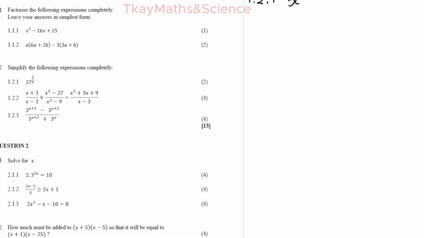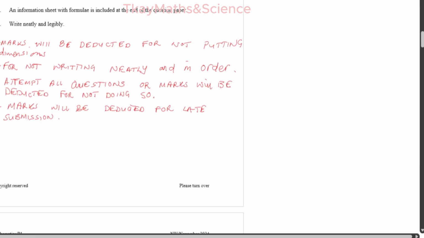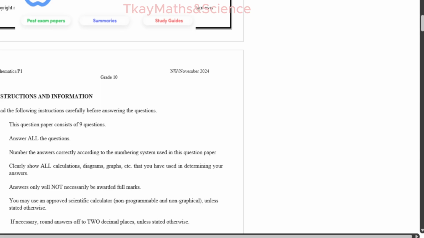That is x plus 3 over x minus 3 times x cubed minus 27 all over x squared minus 9 divided by x squared plus 3x plus 9. Okay, sorry for that.